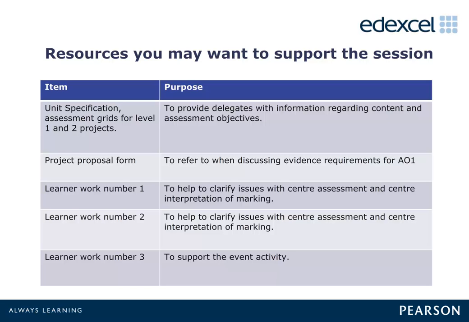This is found within the specification for Level 1 and Level 2 projects. You will benefit from having a blank project proposal form to look at, to support comments made during the training regarding evidence for AO1. You will also need the learner work for 3 learners, identified as learners 1, 2, and 3.